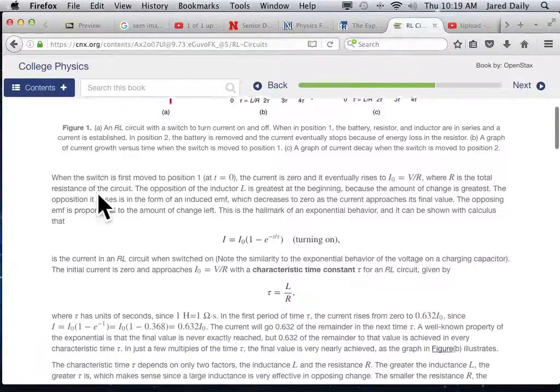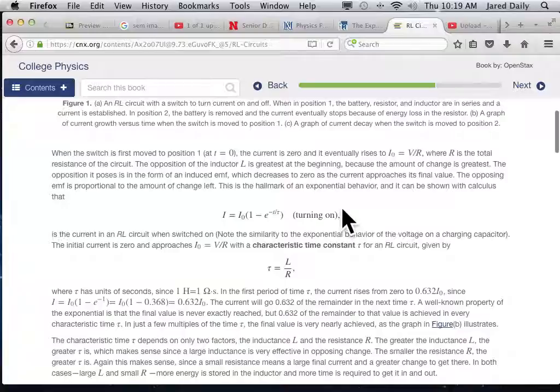Here they have an equation that tells you how the current will change over time. Here, this is when you're turning it on, and every inductor has a time constant that you plug into this equation. And that time constant is directly related to the inductance, just like we said it would be. So the bigger the inductance, the longer the turn-on time, the longer the turn-off time.